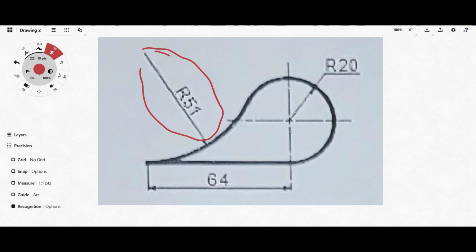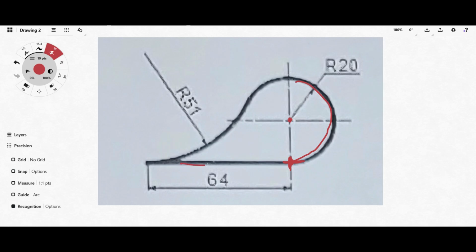But this other circle is different, because we know that it touches the straight line at this point and is tangent to it. The tangency rule between arcs and a straight line is that the distance from the center to the point where the line touches the arc is the same as the radius.